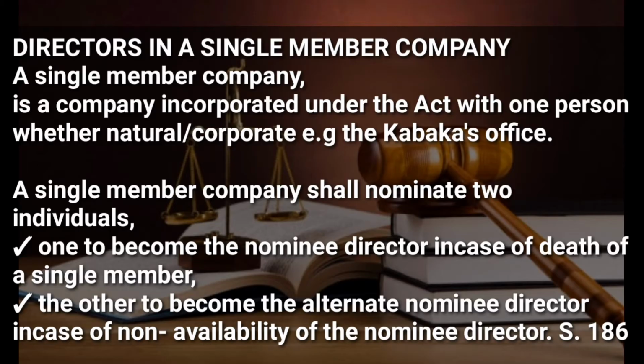The first one is to become the nominee director in case of death of a single member, and the second one is to become the alternate nominee director in case of the non-availability of the nominee director, and this is according to Section 186 of the Companies Act.